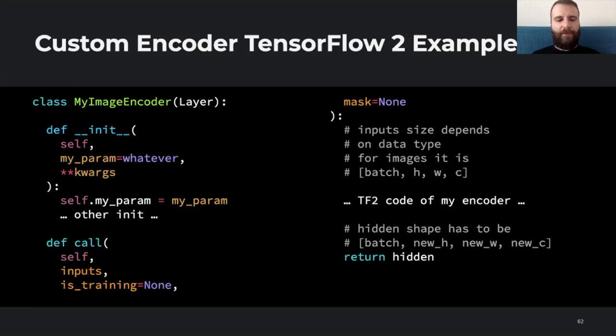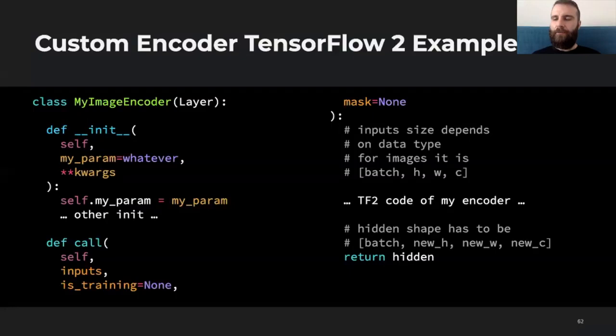And then these inputs will have a specific size depending on the type. In this case, we're seeing images, and so we expect batch times height, width, and channels. But if this was text, you would have batch times length of the sequence. And then you have to provide the output in a specific shape. In the case of images, it's batch, new height, new width, and new channels.